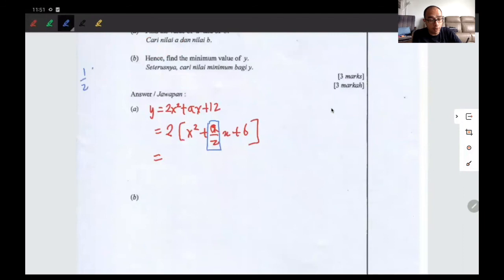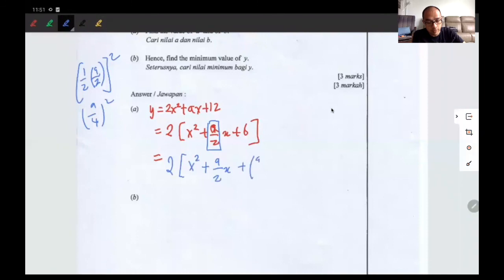So half of a over 2, the whole thing will be squared. So this will be a over 4 squared. So 2 times x squared plus a over 2 x plus a over 4 squared, minus a over 4 squared, plus 6. Yo, my goodness, my writing.